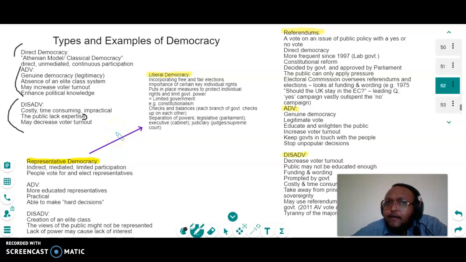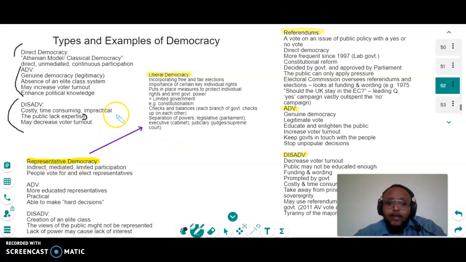So if, for instance, one of the acts is a minute detail about maritime law being changed, the average citizen may not have access to, or understanding of, or expertise of maritime law enough to make an informed decision. So that's a disadvantage of democracy that we'll later see when it comes to the Brexit referendum, for instance.